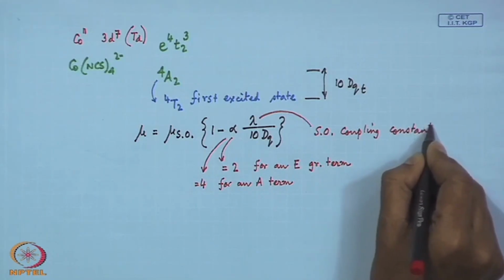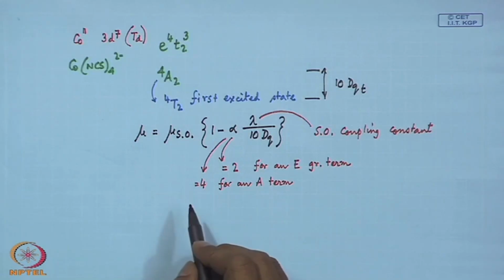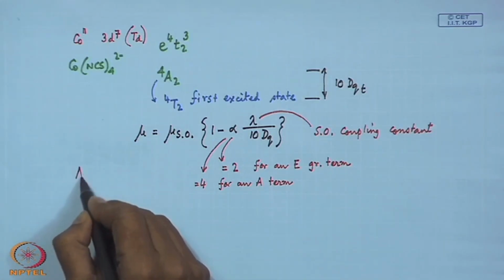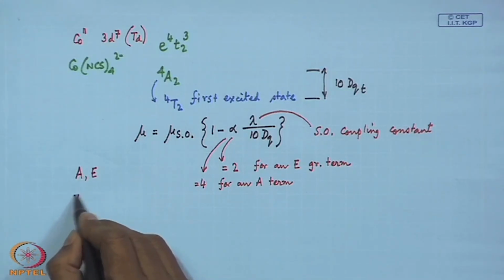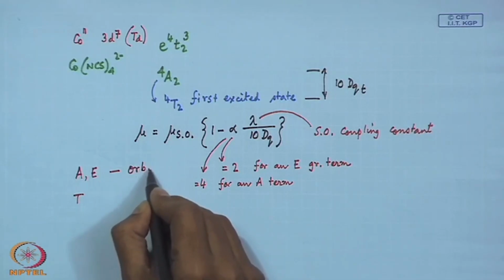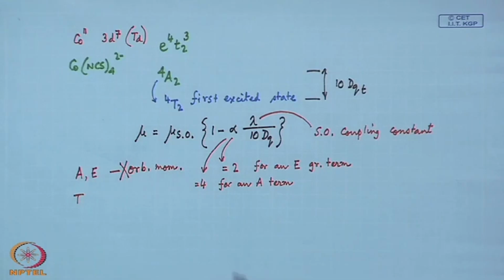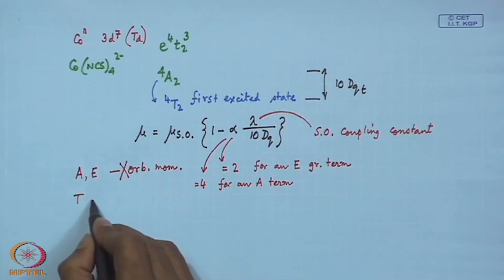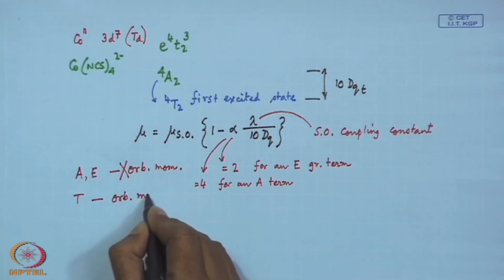The mixing of all these things will therefore tell us that the A and E terms will not give any orbital moment values, but a T term has the corresponding orbital moment.